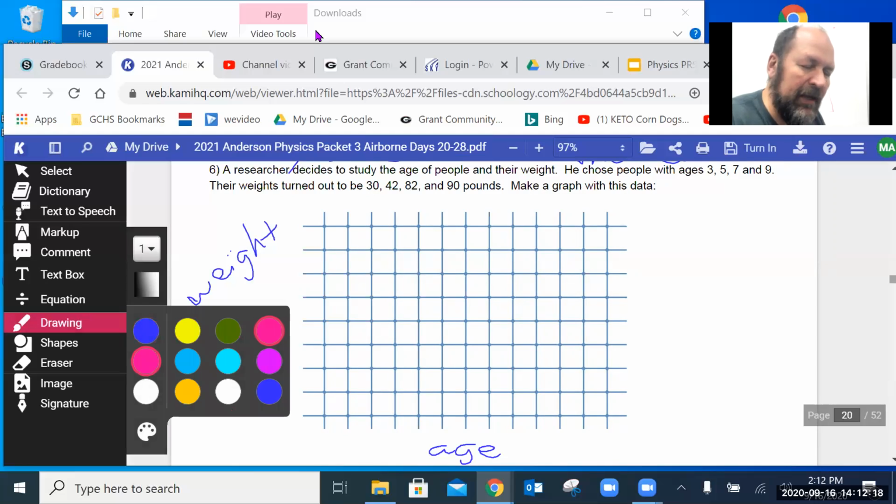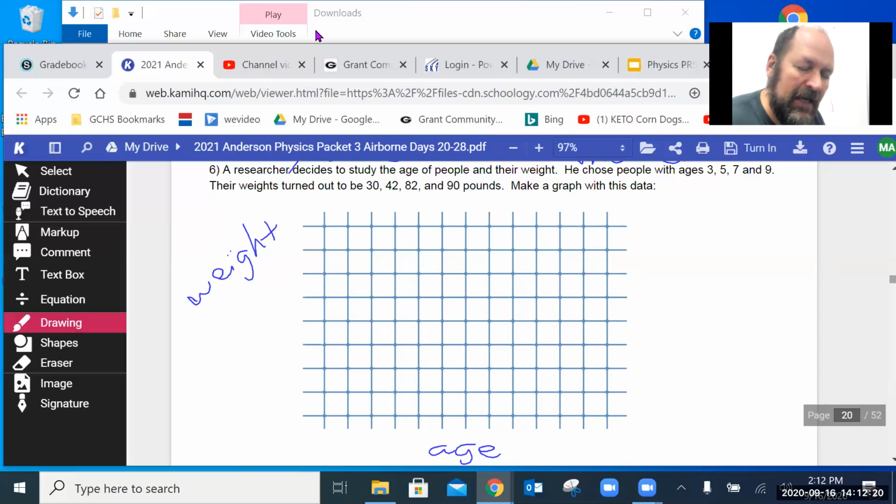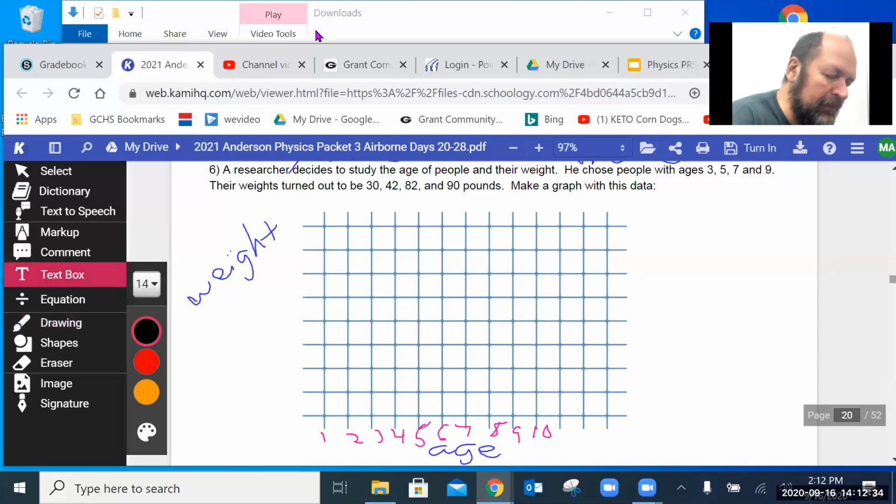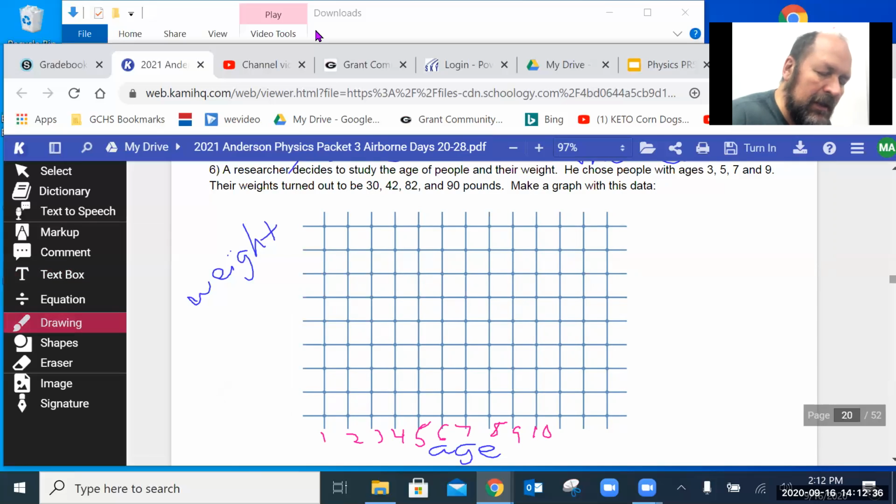So let's see here. We have ages up to 9. So if I just do 1 year per line, that's going to fit just fine. And so we put the label of age, and we should also put the unit.